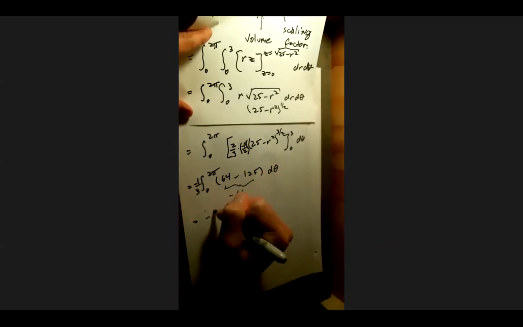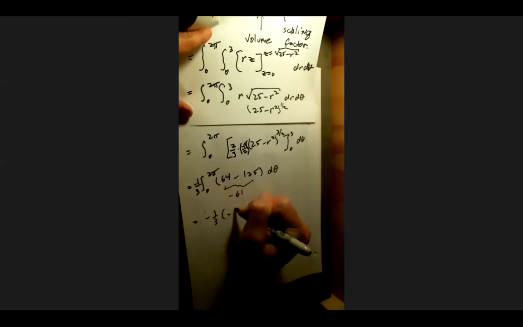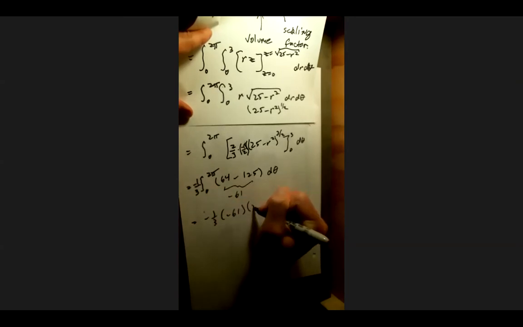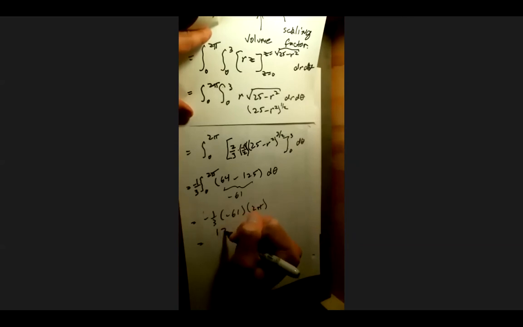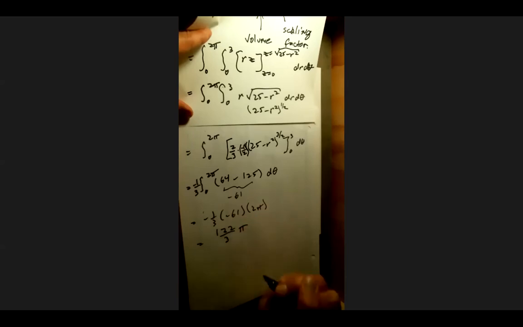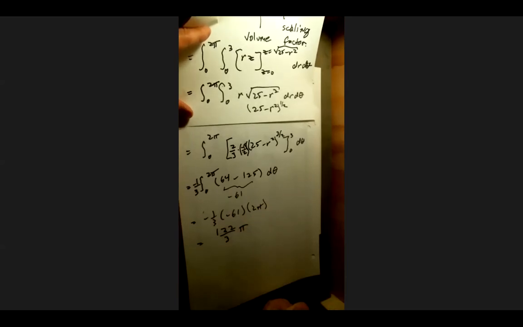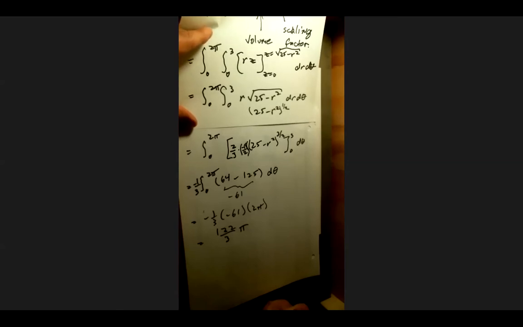So we've got negative 1/3 times negative 61 times 2 pi, which is a funny way of writing 122/3 pi. Makes sense? Cool. I got 1 thumbs up.